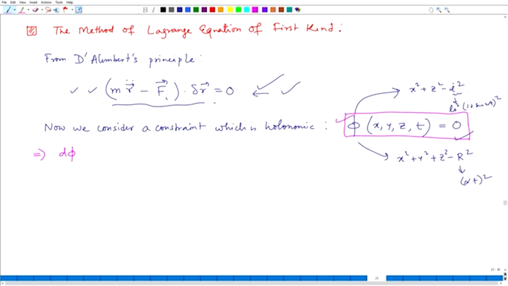d phi. So this is actually a scalar function here, and so d phi will simply be equal to del phi del x dx plus del phi del y dy plus del phi del z dz plus del phi del t dt.